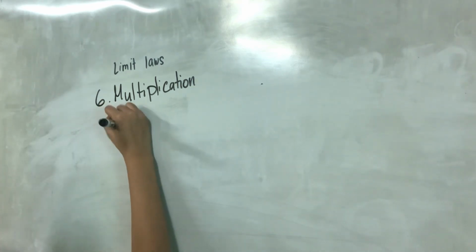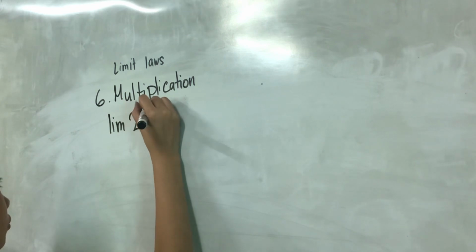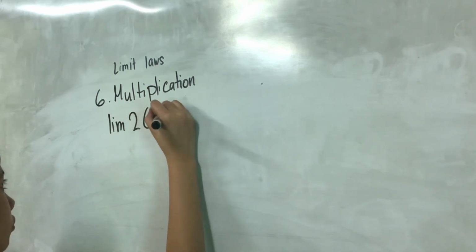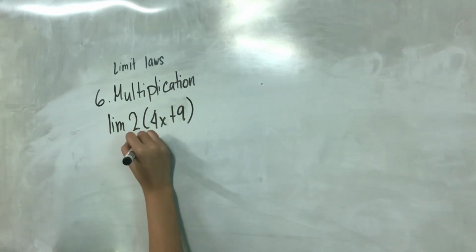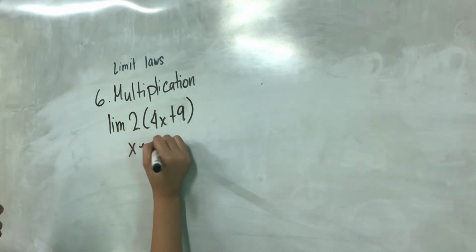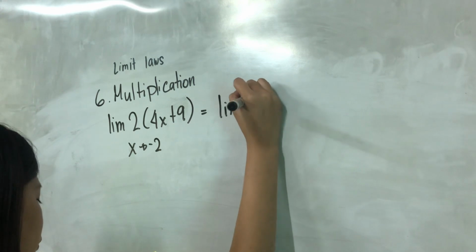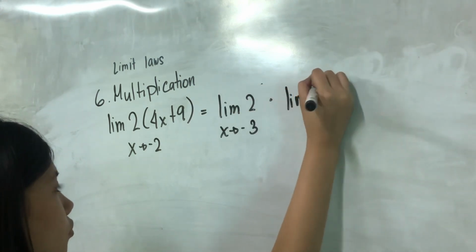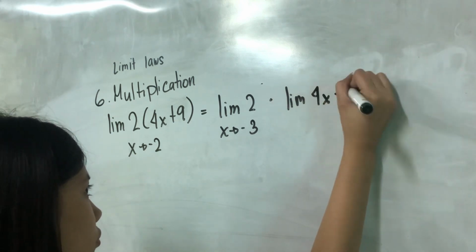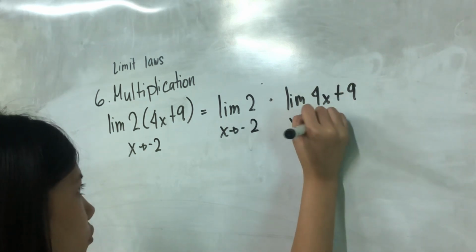So here we have an example. The limit of 2 multiplied by 4x plus 9 while x is approaching negative 2 is equal to the limit of 2 multiplied by the limit of 4x plus 9 while x is approaching negative 2.